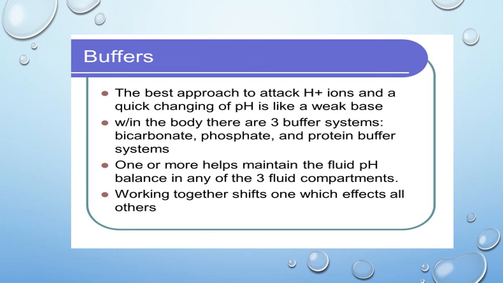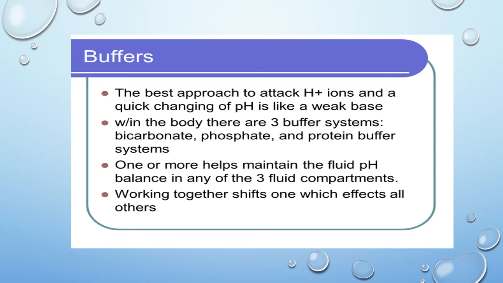Strong acids break apart completely in water. Remember, water is the universal solvent. So acids will break apart in water. That strongly affects the pH. It lowers or increases the pH. It goes from acidic to more neutral.